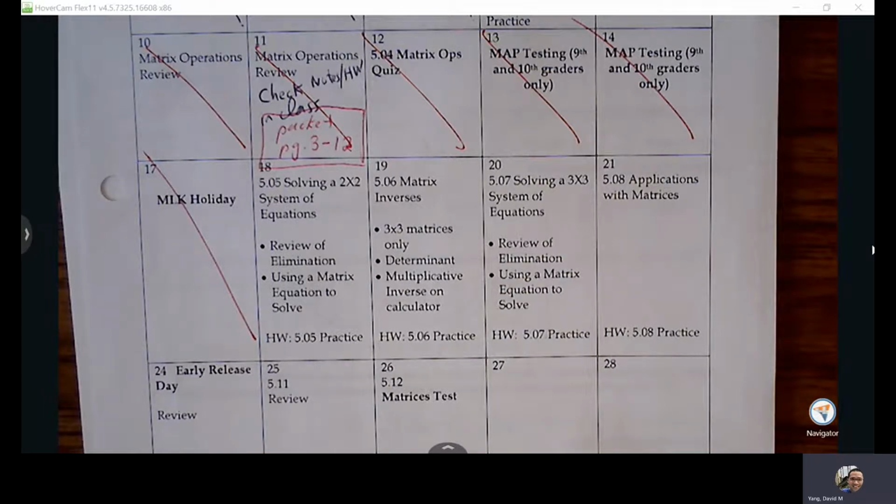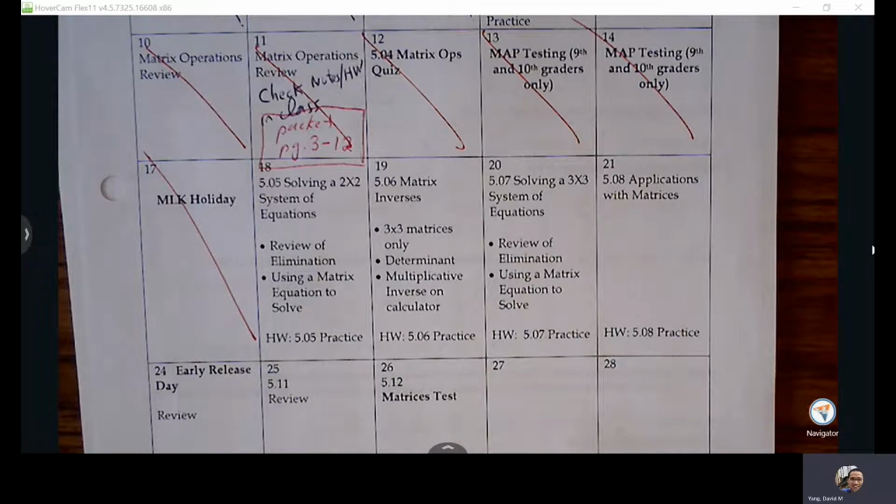The only thing that I saw was that when you find the inverse, you guys are good about finding the determinant, but some of you had trouble adjusting the elements inside your 2x2 matrices: swapping the A and D values, and then changing the signs of B and C. Some of you forgot to do that or had the order a little bit incorrect, but for the most part, I didn't see a lot of big issues.